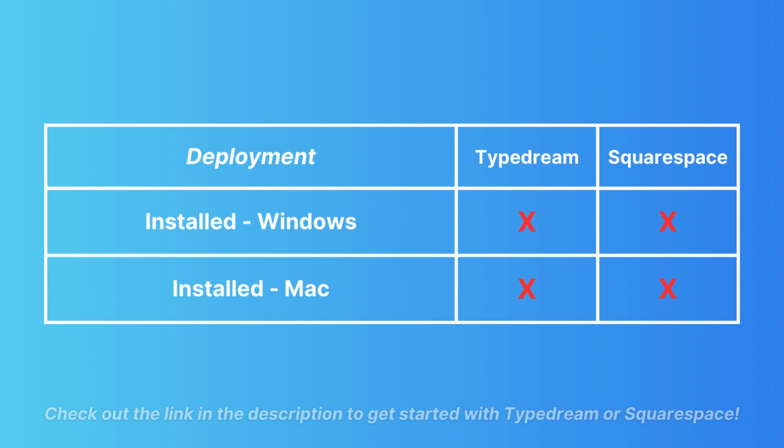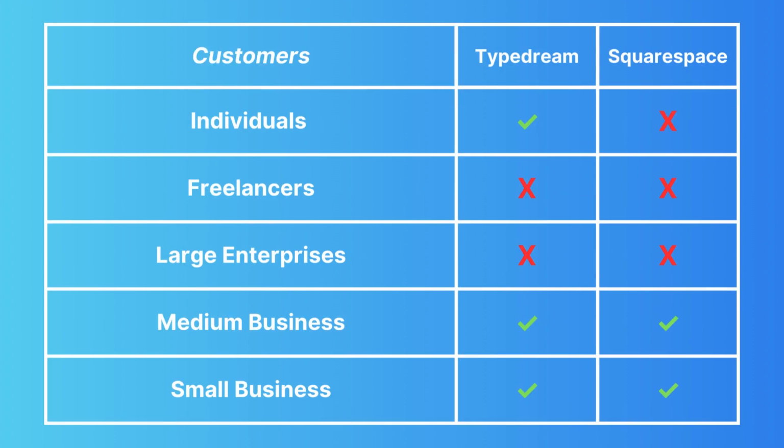Now, what type of customers can go to the software? Individuals can go to Typedream. Squarespace is not really for individuals; it's more for businesses. So if you are literally an individual and you just want to build a site for your blog or your portfolio, definitely go to Typedream.